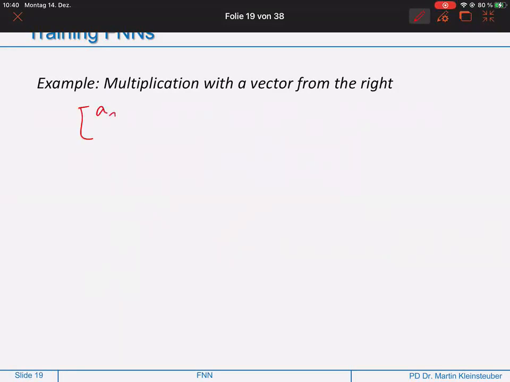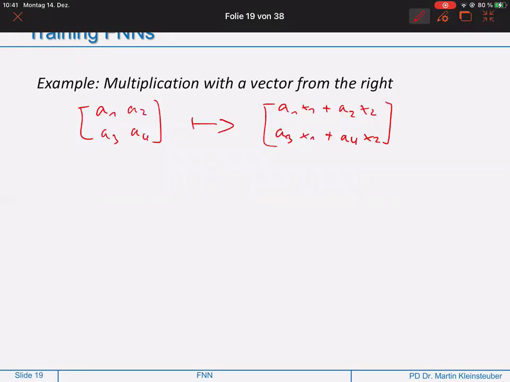If we have A1, A2, A3, A4, and we want to map that to the vector A1 X1 plus A2 X2, and A3 X1 plus A4 X2, we choose another way.